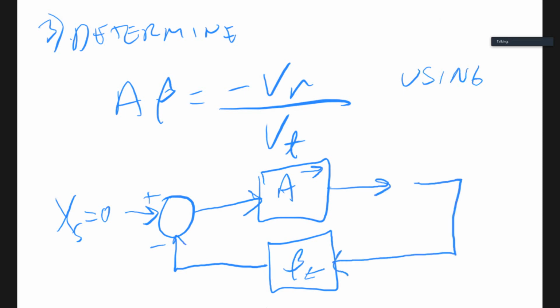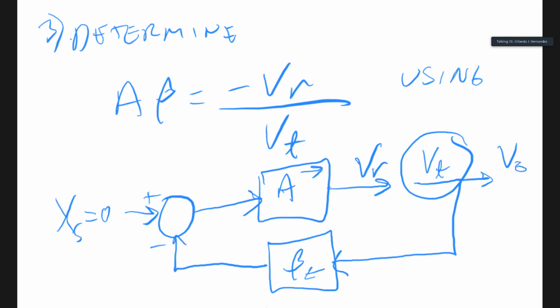And we know that this is the output here. But we have broken the loop here and called this node VR and this one VT. In a sense, we had said we break the loop and we put a test signal. That's where the T comes from. And we look at the VR signal, which is a response to the test. That's where the R comes from.